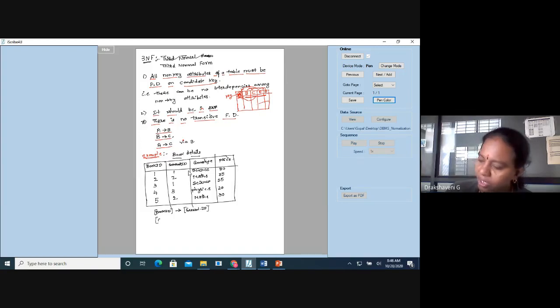Then genre ID is determining genre type. In turn, I can say book ID is transitively dependent on genre type. So what we have seen here is called a transitive dependency.